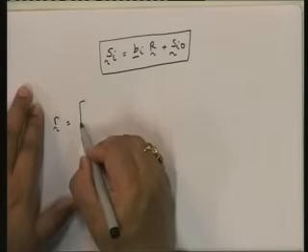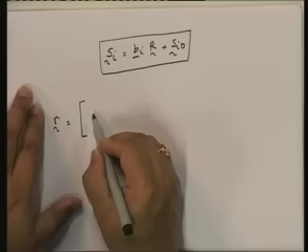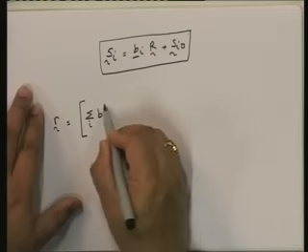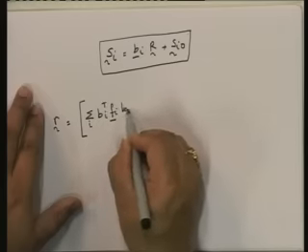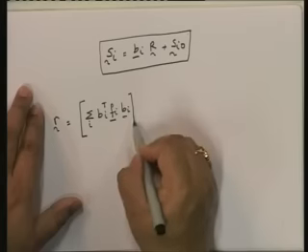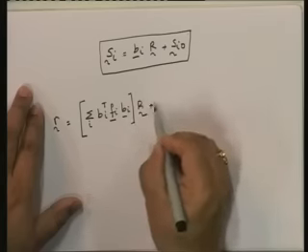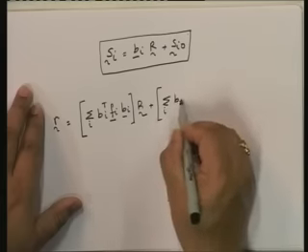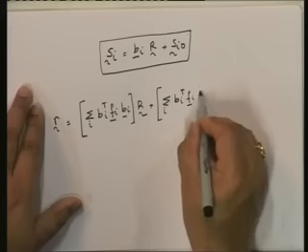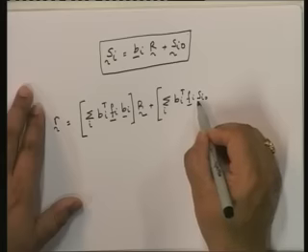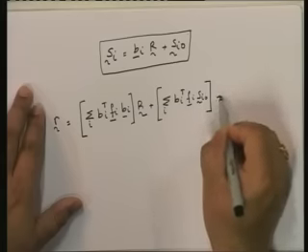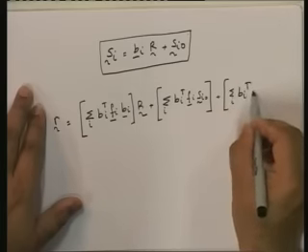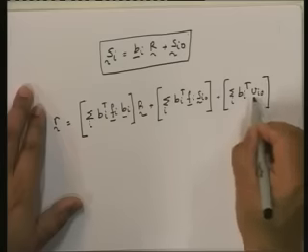One term will be summation over I BI transpose FI BI into R plus summation over I of BI transpose FI S0 plus summation of I BI transpose VI0.